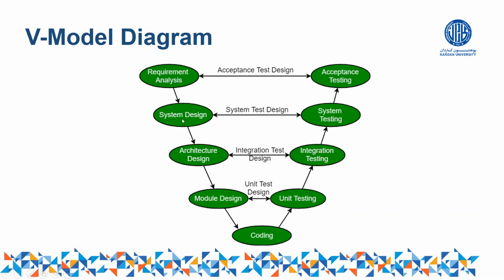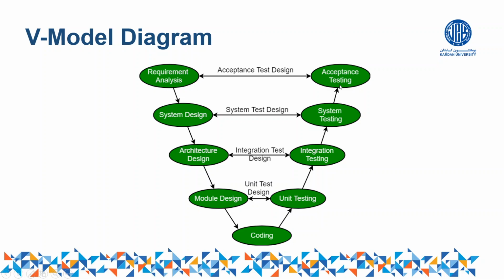When we are creating system design, at the same time the system test design document will also be produced, and then the system will be tested according to the document that we produced in this phase. From here upward, we move towards the acceptance testing.